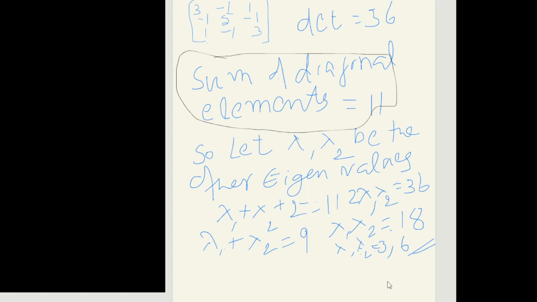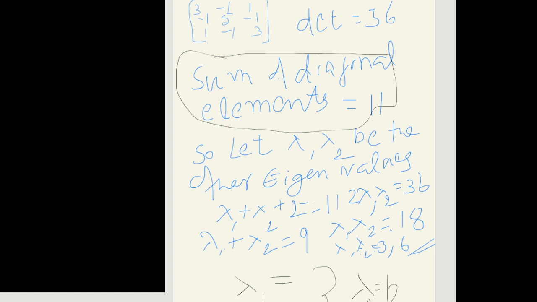We search for two numbers with sum 9 and product 18. You can easily get lambda 1 equal to 3 and lambda 2 equal to 6.